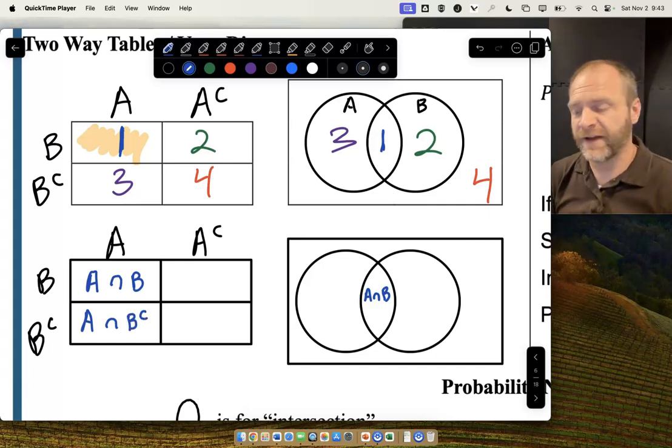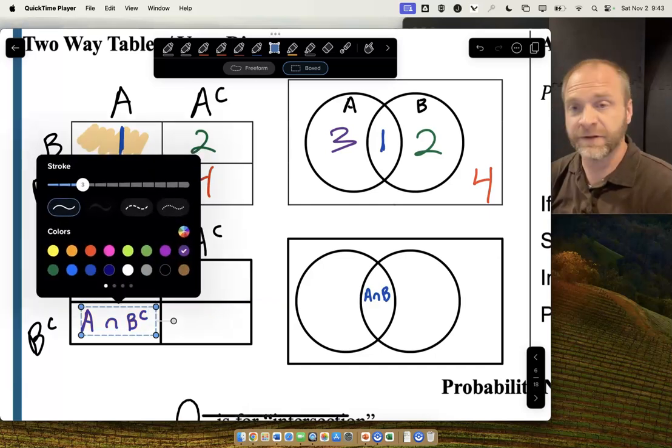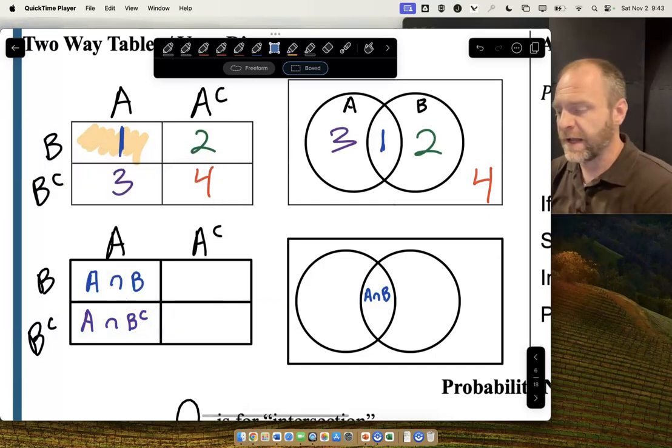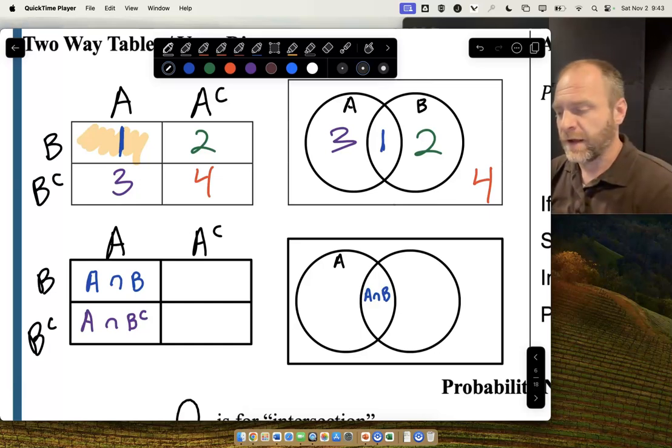So I do want event A to happen. And I'm going to change this to the purple color so we can have a little bit of color coding matching. If I do that, I need to remember I want to be in circle A, but I do not want to be in circle B. And so in that case, it's this section, it's A intersect B complement.